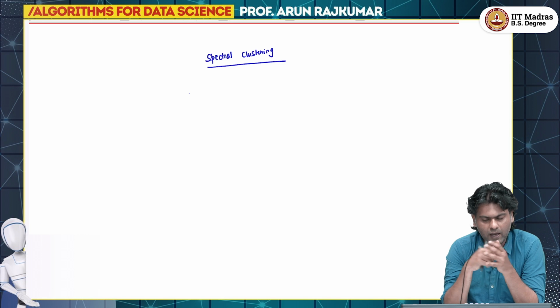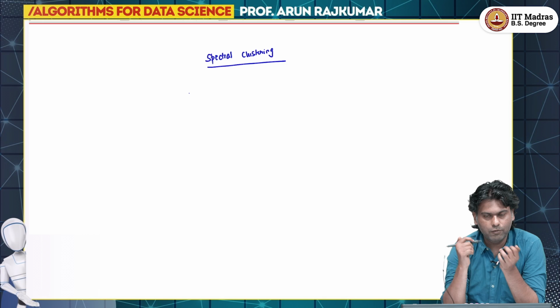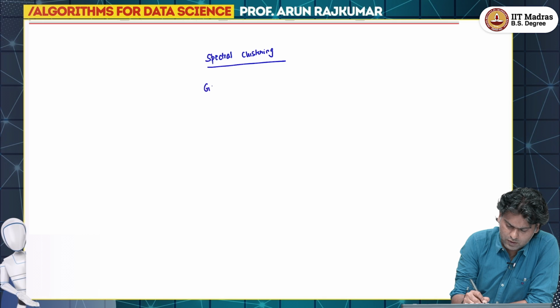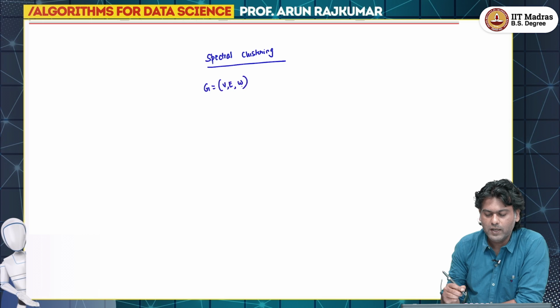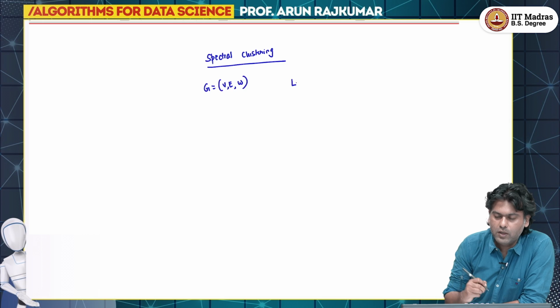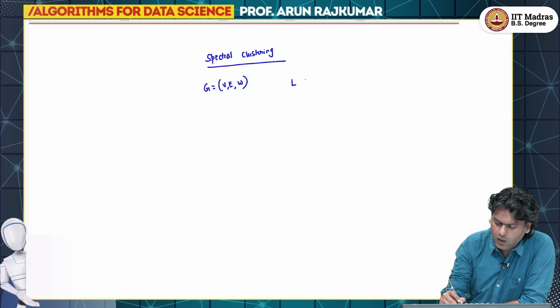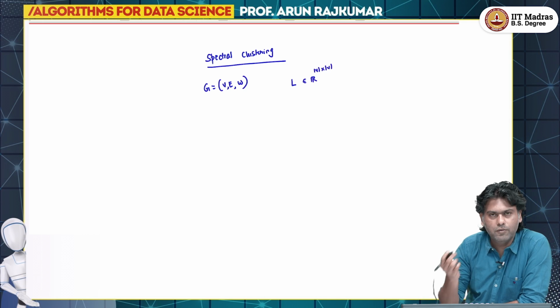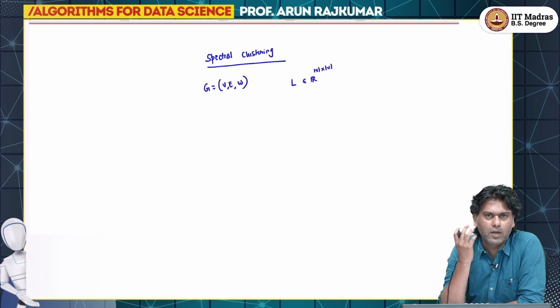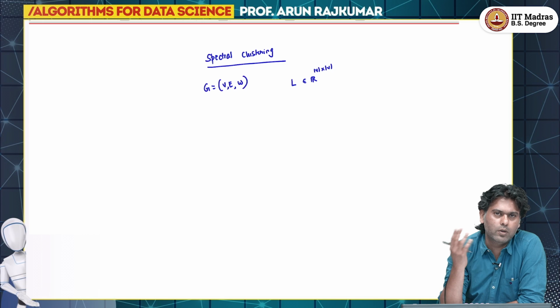So we have this graph, and from this graph we constructed, let us call this graph G(V, E) and some W to indicate weights, and then we constructed this matrix L which is an R V cross V matrix. If the number of data points that we have is n, then we are treating the number of vertices equal to the number of data points.